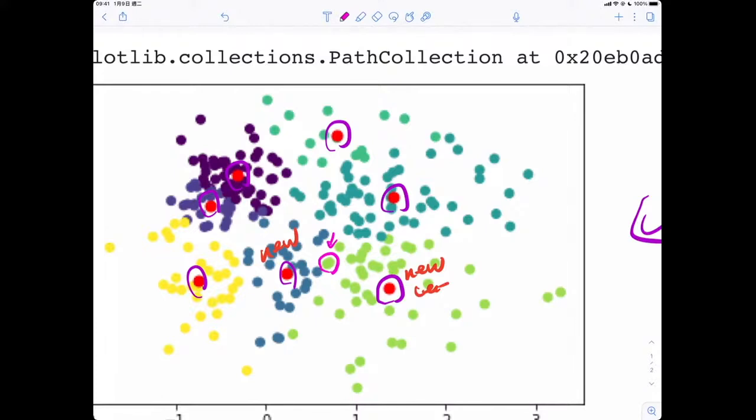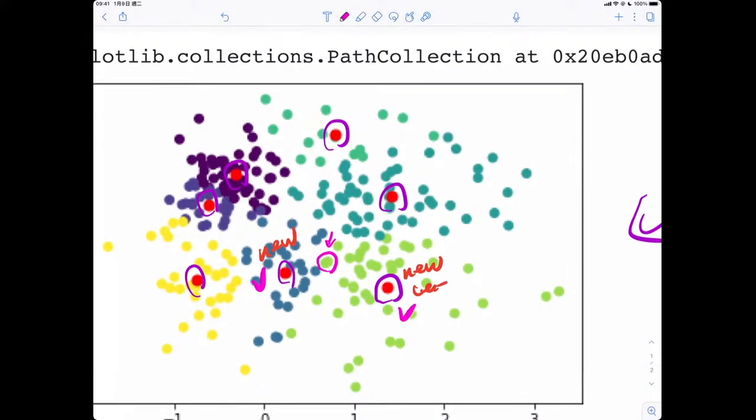But after we have new central Es right here and here, in the next run this pink point will belong to the left central E, because it is closer to the left-hand side. So we will use the new central Es to do a new partition again. Because the central Es have moved, the relative distances change slightly. So some points on the boundary that originally belonged to an old central E may now be closer to a new central E, so in the next round they will be assigned to the new central E's side. And so on and so forth.